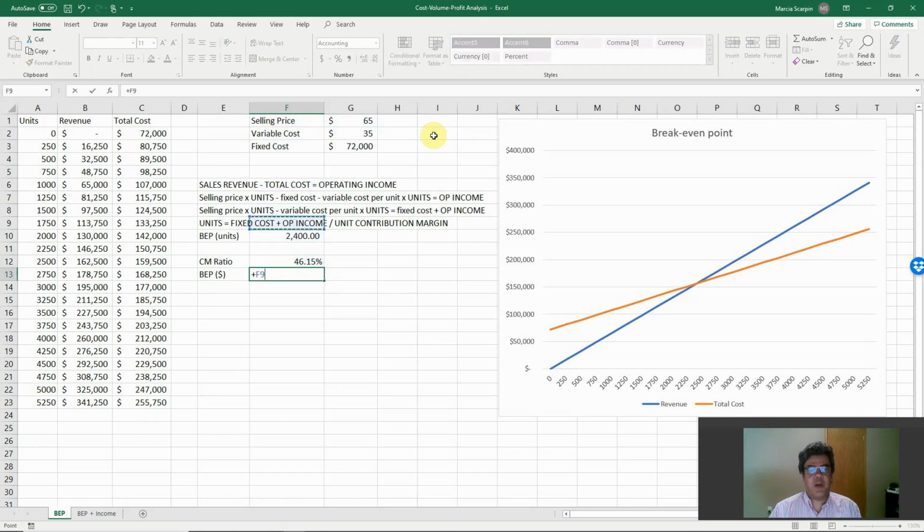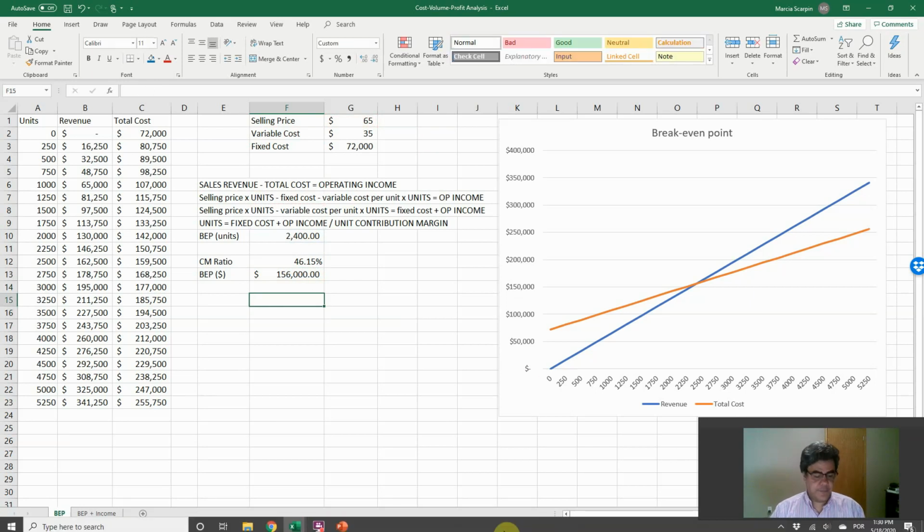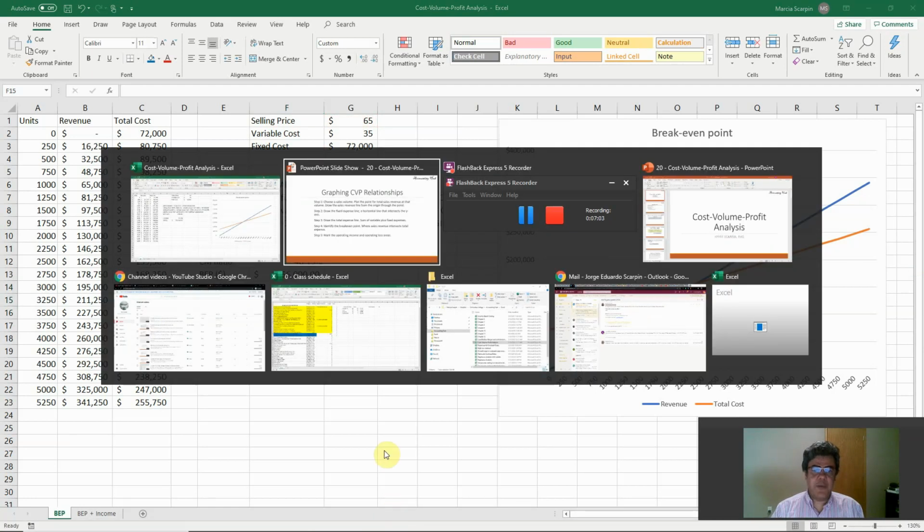Our break-even point will be the fixed cost divided by contribution margin ratio, 156. How do we double check if it's right or wrong? Break-even point in units times the selling price. We will have the same $156,000.